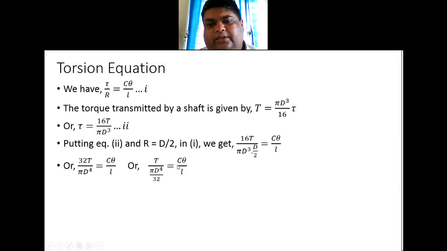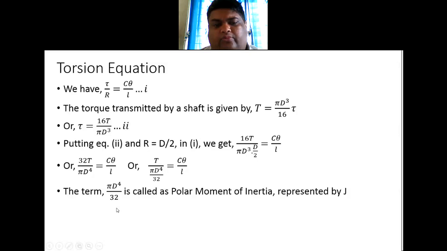This d cube and d becomes d raised to 4, and that is equal to c theta by L. Now this 32 I am taking to the denominator, so T by pi d raised to 4 by 32 is equal to c theta by L. This term pi d raised to 4 by 32 is called the polar moment of inertia, and it is represented by the letter J, capital J.